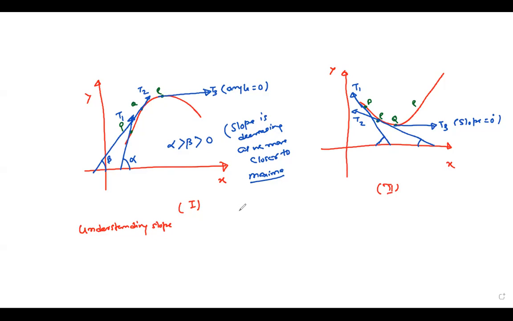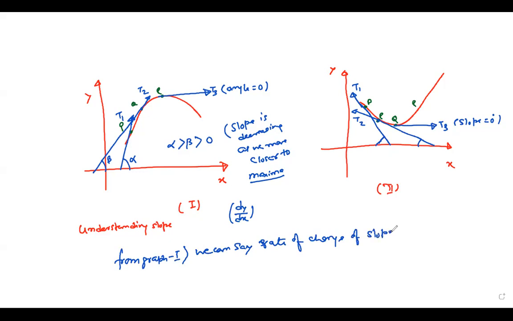Now let us have one more thing. Suppose we are saying that slope is decreasing. What is the meaning of slope? Slope is nothing but dy by dx. So from graph number 1, we can say the rate of change of slope is negative, as you can see beta is less than alpha.